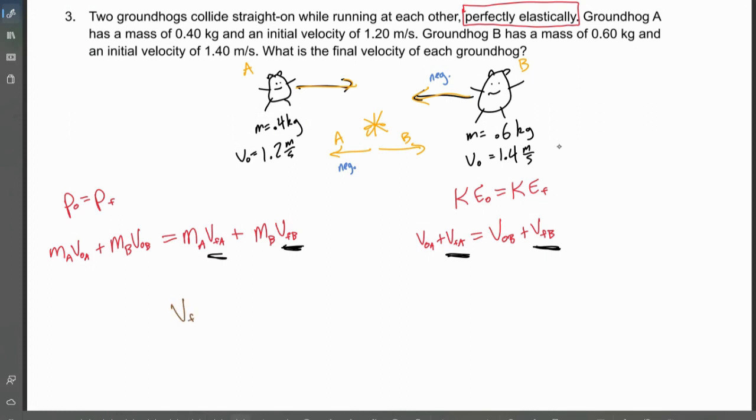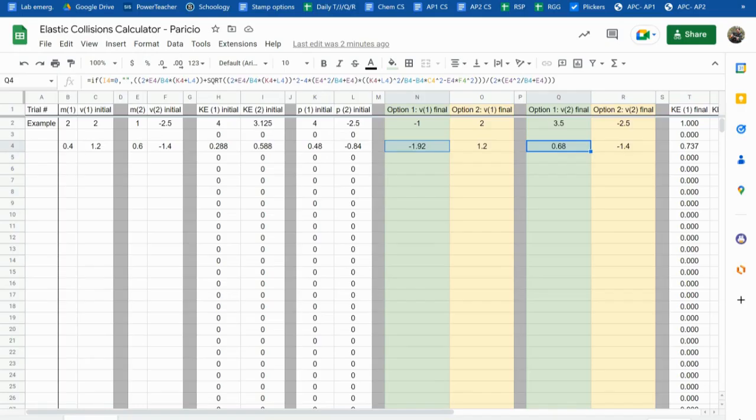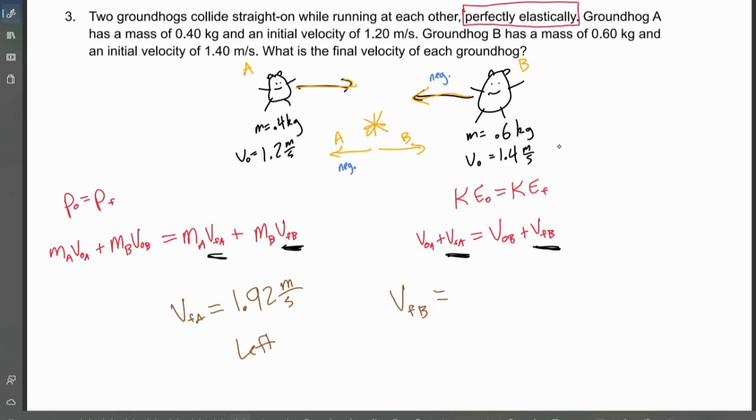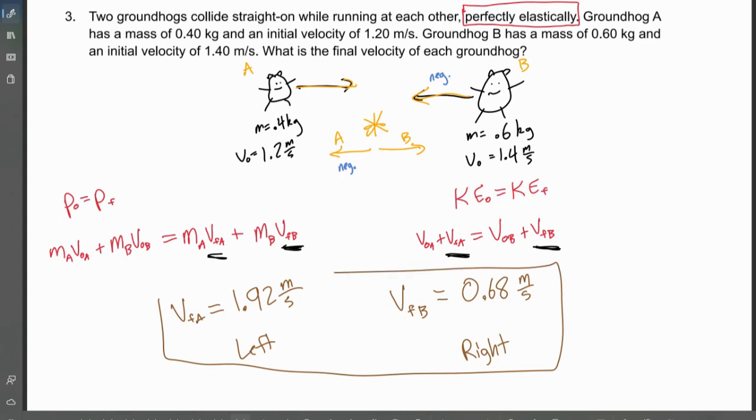And the velocity final of groundhog B is 0.68 meters per second. That was a positive number, so it means to the right. There's your answer.